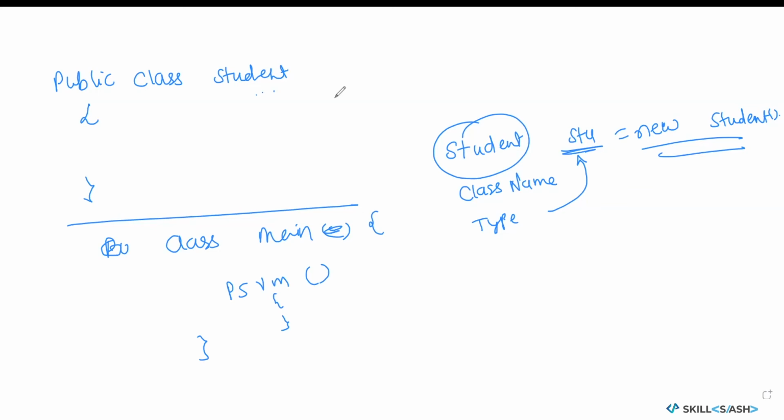So what is exactly your question? Like this line, student s2 equals to new student. So we are creating an instance, right? Sometimes we call it an instance of the class, and sometimes an object.